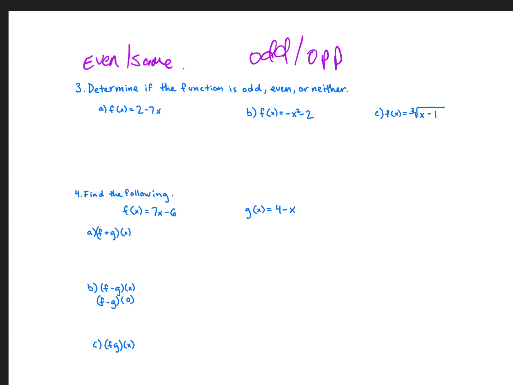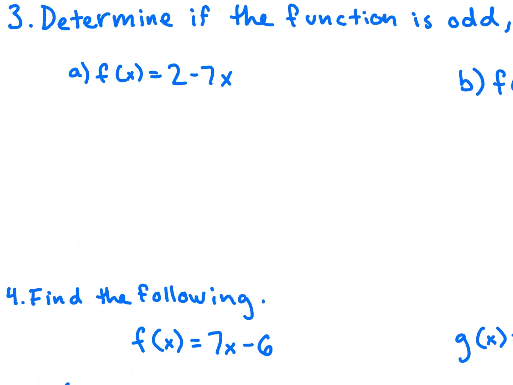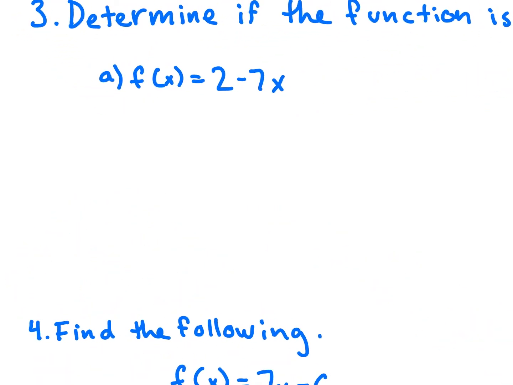Opposite. Good. So if I look at this first example, letter A, what is the exponent that's on x? 1. What kind of a number is 1? Odd. So my options are either odd or neither, correct? You guys with me? Okay, so let's do 2 and negative 2.